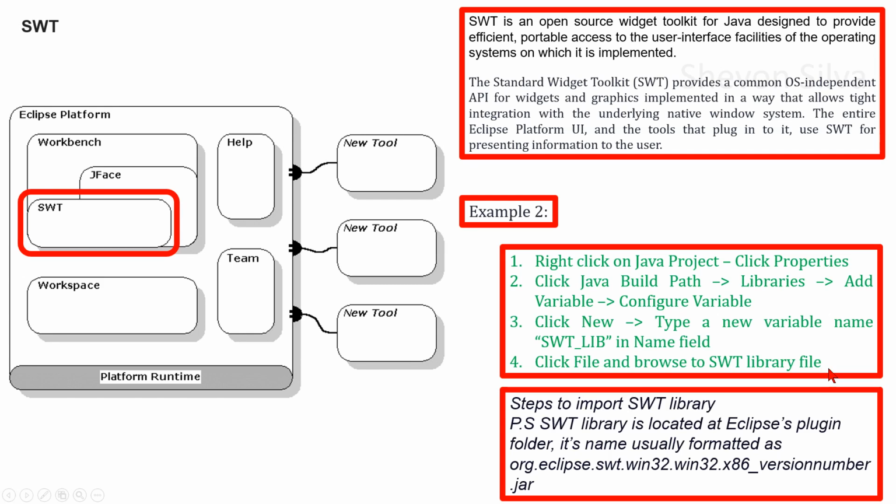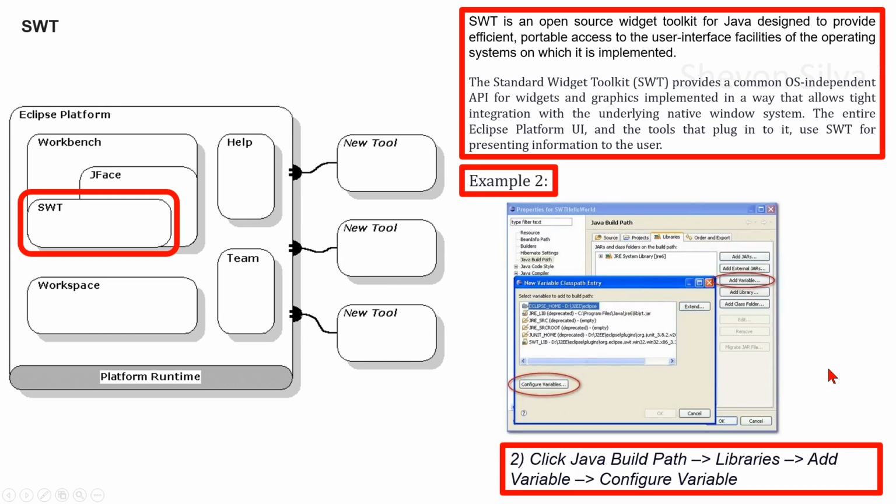PS: the SWT library is located in the Eclipse plugin folder. Its name is usually formatted as org.eclipse.swt.win32.win32.x86_version number.jar. Here you can see step 2: click Java build path, then libraries, then add variable, then configure variables.